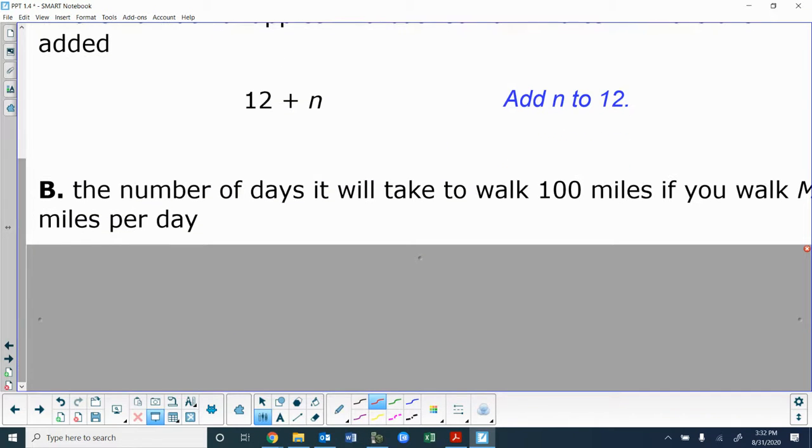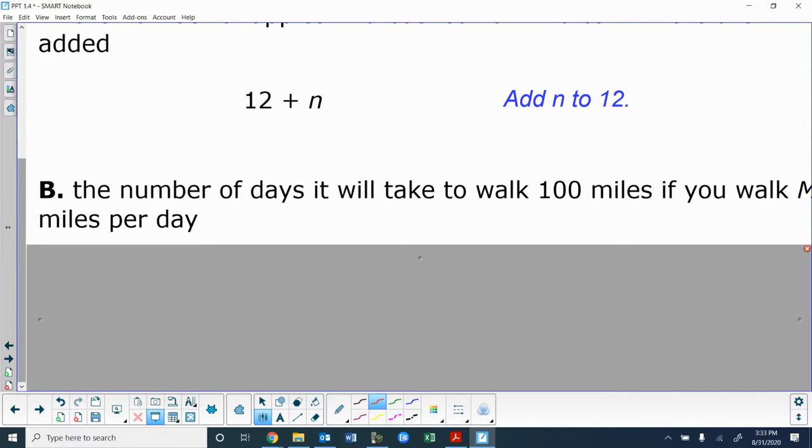Another situation, the number of days it will take to walk 100 miles if you walk m miles per day. So what I like to tell students when you have this type of problem and they're throwing letters at you is that you could plug any number you want in for the letter or the variable, and then usually you know what to do to figure it out.